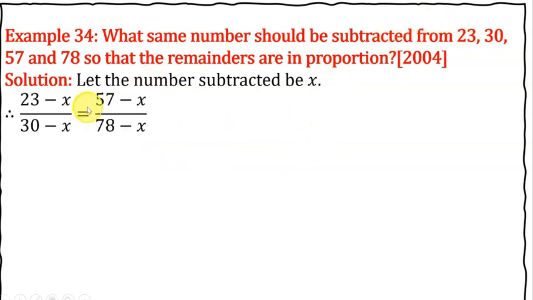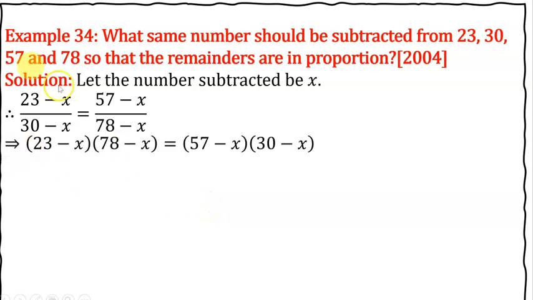Therefore, (23 minus x) upon (30 minus x) is equal to (57 minus x) upon (78 minus x). After cross multiplication, it implies that (23 minus x) into (78 minus x) is equal to (57 minus x) into (30 minus x).